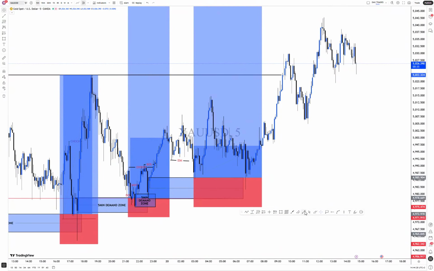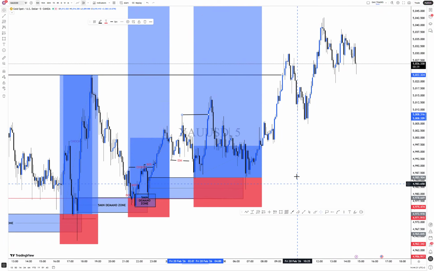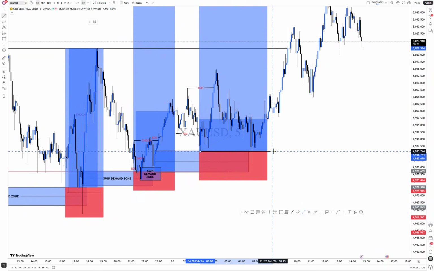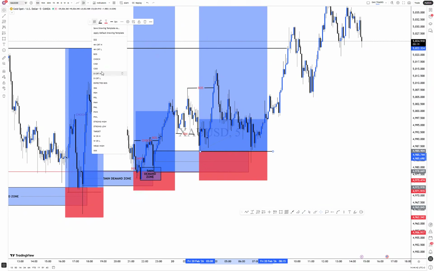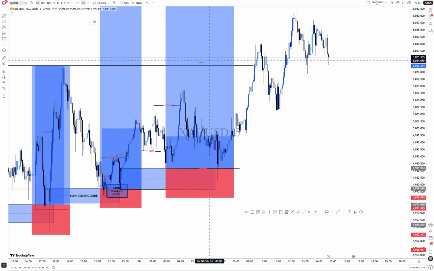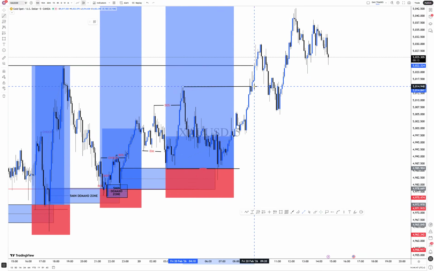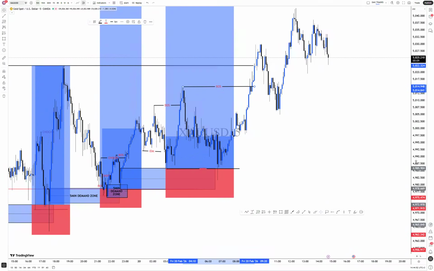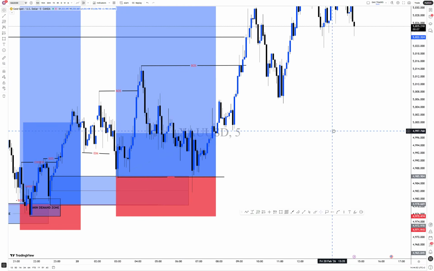What else do we have? We have also this as a breakout structure, whereby we managed to sweep. We just swept this low, right? We've just swept that low, so that's a sweep. And then we broke above this area, creating a breakout structure.